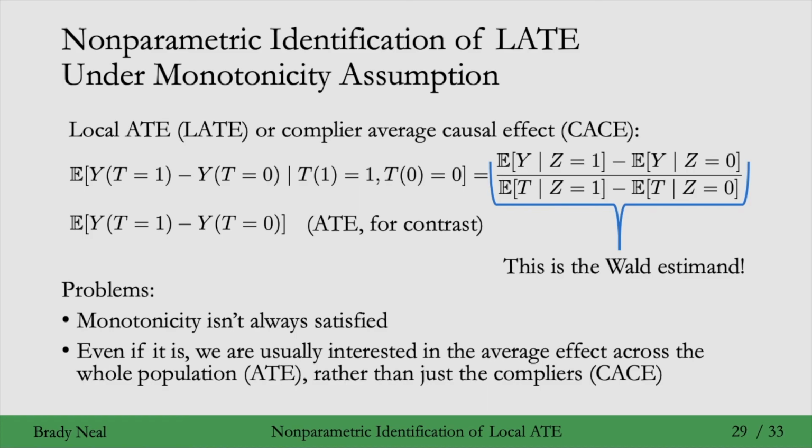So who in the population the Wald estimand that we're estimating ends up accurately describing their causal effect. But there's still a lot of literature on estimating local average treatment effects, so it's something that people definitely do care about. These are just some problems with it.